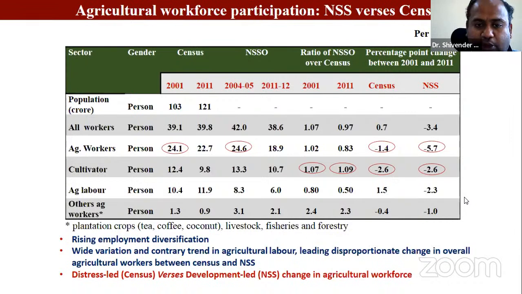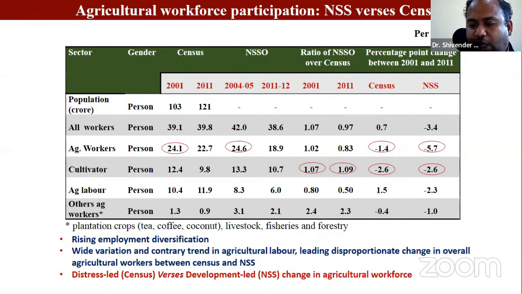One thing is that we have comparison data only between 2001 and 2011 for the census, and the corresponding available data for NSSO is 2004. So we can compare these two, census and NSS, and they should actually be close to each other. I will not say they should be exactly the same, but the ratios of workforce participation should be almost close, so that it gives at least the same trend.